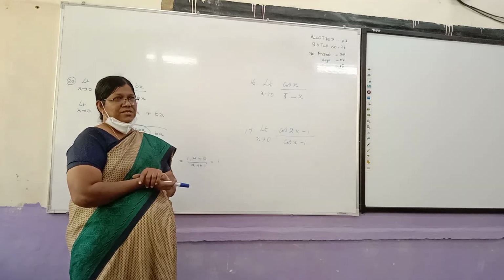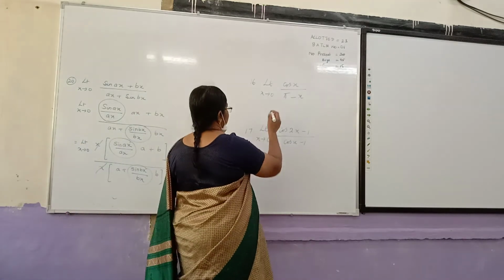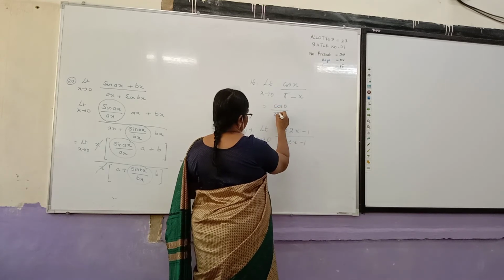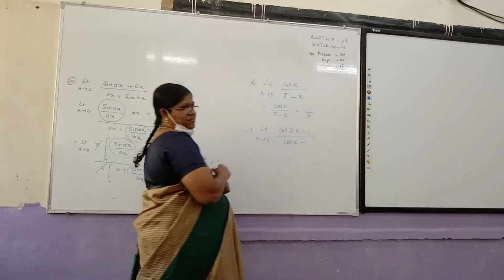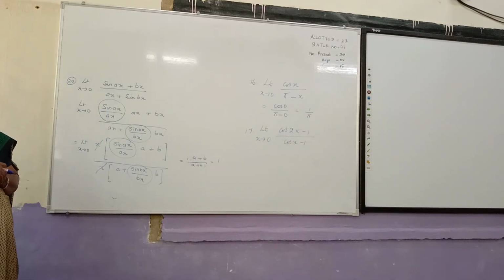Cos 0 is what? 1. So no need for substitution. Straight away you get cos 0 by pi minus 0. The answer is 1 by pi. So don't blindly do substitution, because already it is 0 only. Cos 0 we know is 1.